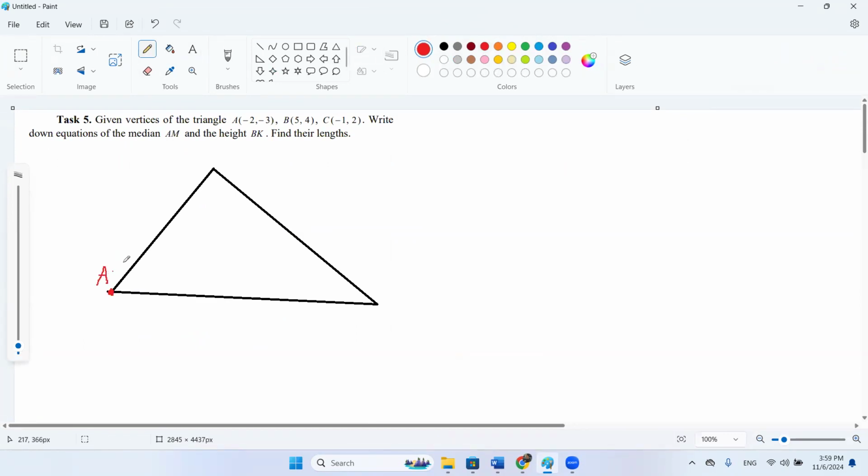So A, B, and C. And so the median AM, so M is here. So let's join them.